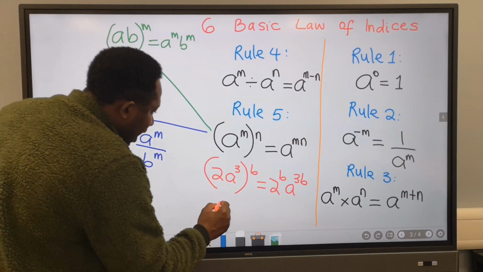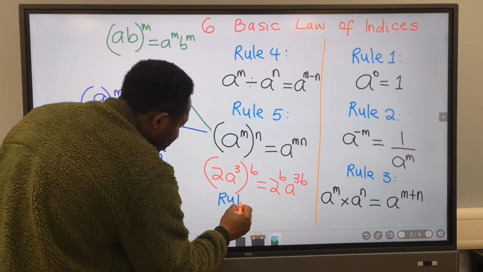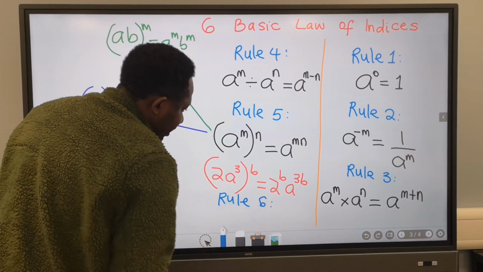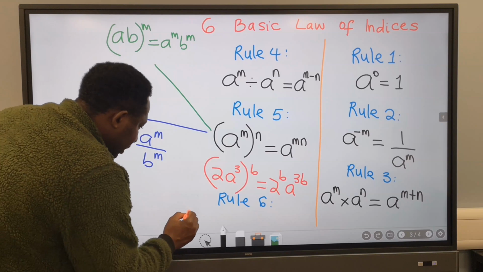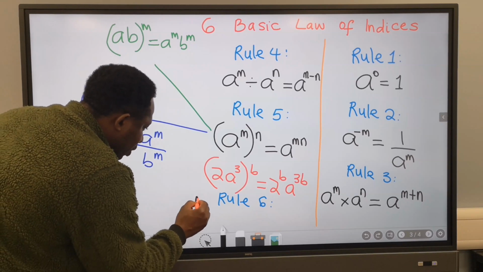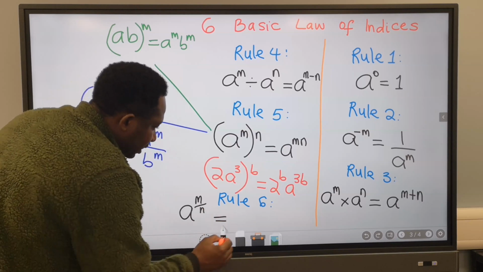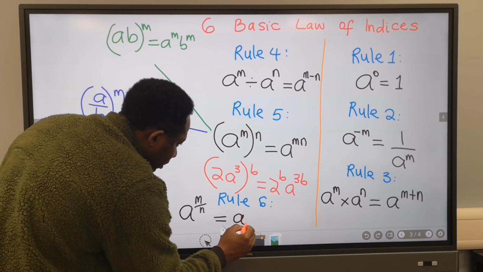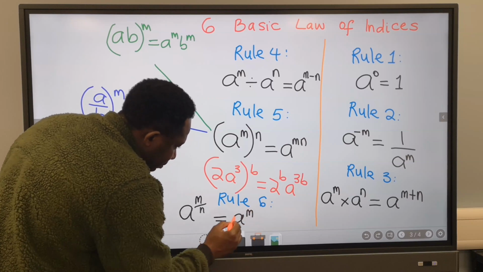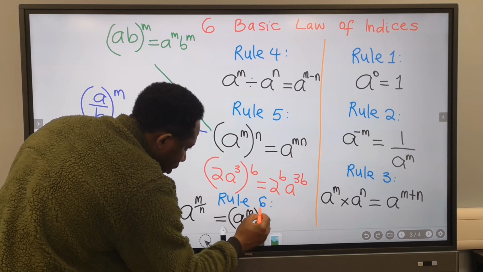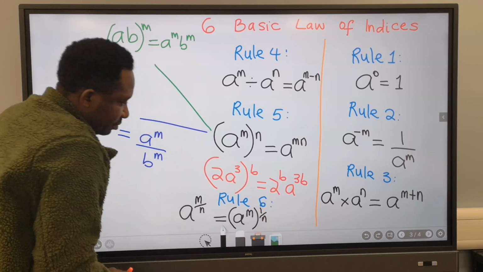Next, let's have rule number 6, which is the 6th rule. The rule states that a to the power of m divided by n is the same thing as saying a to the power of m in brackets to the power of 1 over n.